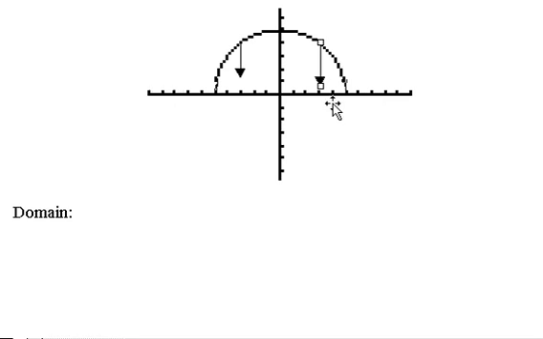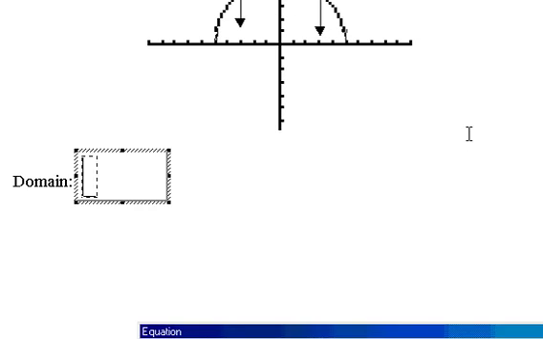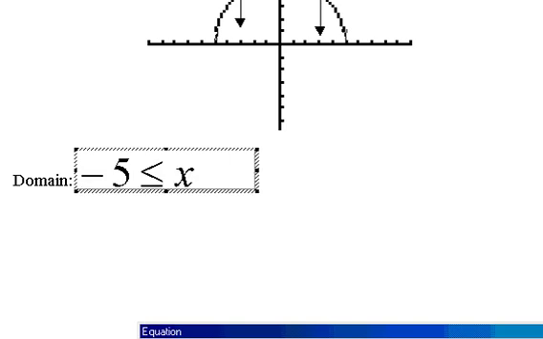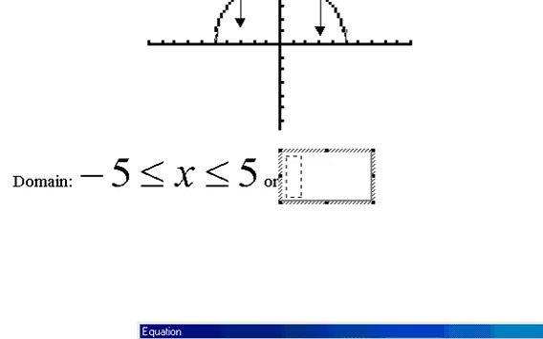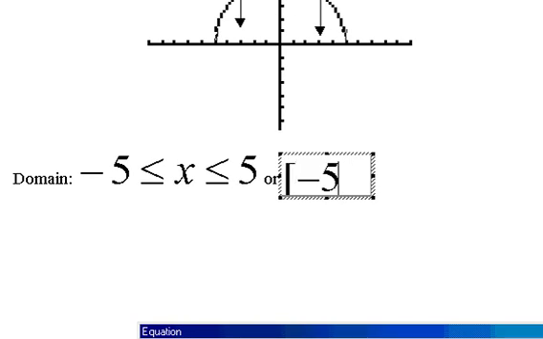So the only place that the graph is, if you flatten this graph to the x-axis, is from -5 to +5. So to write that, we can write -5 less than or equal to x less than or equal to 5, or in interval notation, -5 to 5.